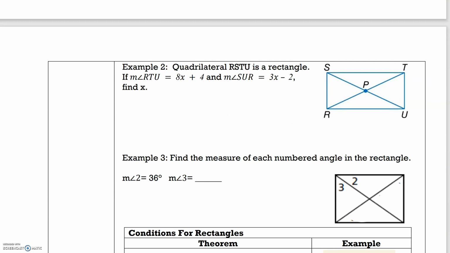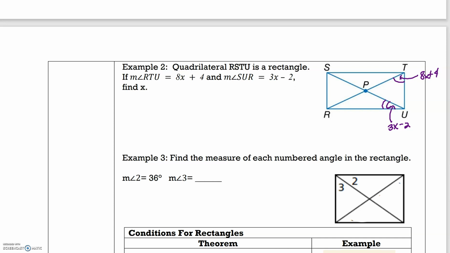All right, so let's take a look at this next example. We have angle RTU, which is 8x plus 4, and angle SUR, which is 3x minus 2. And we want to figure out what x is.